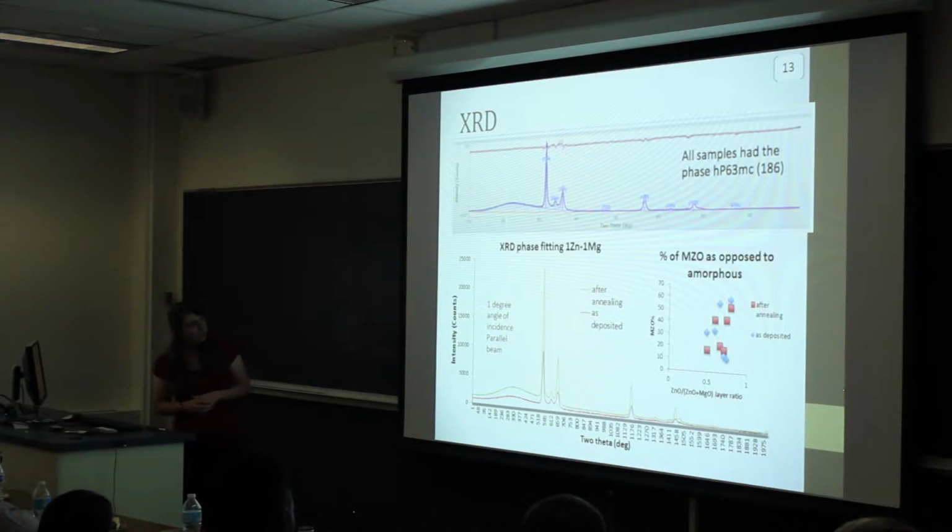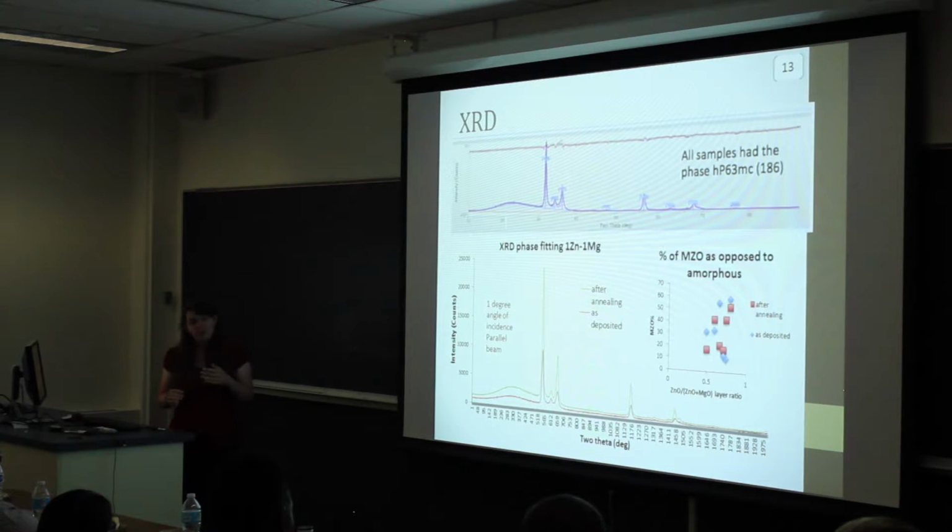The graph down here shows before and after annealing. After annealing, the film seems to become more crystalline, and that's what the peaks mean. Also, each film exhibits an amorphous hump at the beginning. That's probably from the glass, because these films are so thin that even at a 1 degree angle of incidence, you're still going to see some of the glass.